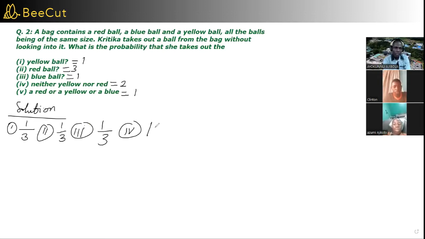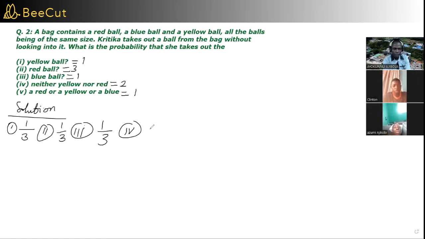But how do we represent this mathematically? Let's see. Neither yellow nor red means it's going to be probability of not picking yellow plus probability of not picking red. Then it's going to be probability of picking blue.